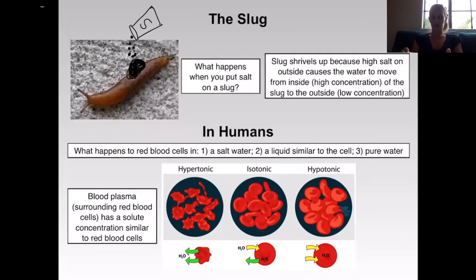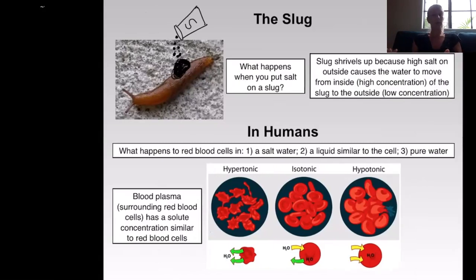What happens, right? So slug, what happens now is that the slug actually shrivels up, and that is because there's a high salt on the outside. Salt is polar in charge. It's not going to go through plasma membranes, right? We know that water can, because of aquaporins. If we haven't learned that yet, we will, so don't worry.